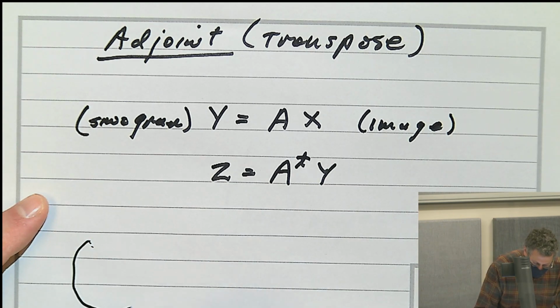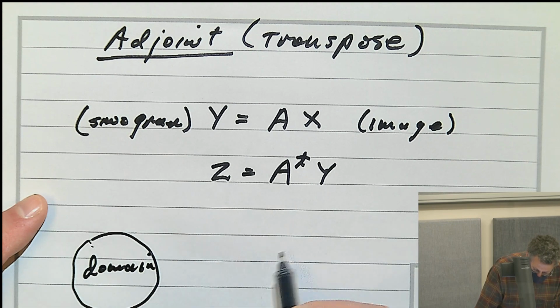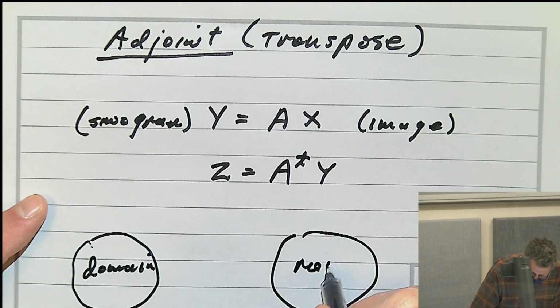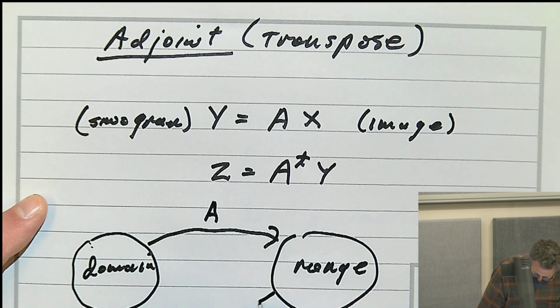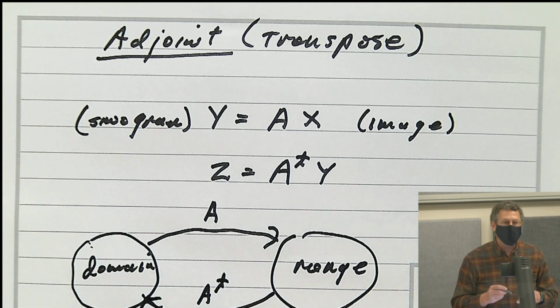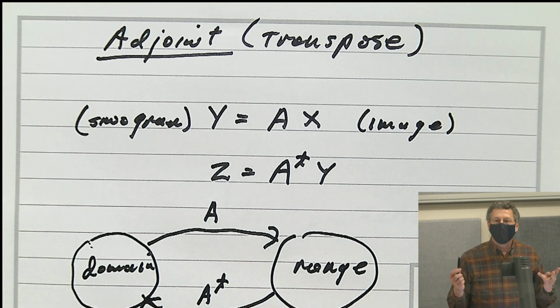So this is a domain, and this is range. So this is A, and A transpose goes the other way. Now, because the transpose or adjoint goes in the opposite direction, we tend to confuse it with the inverse.